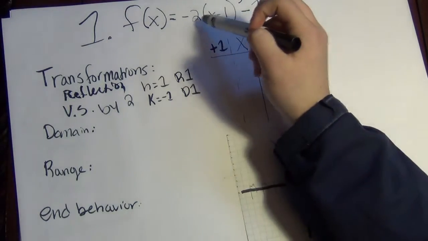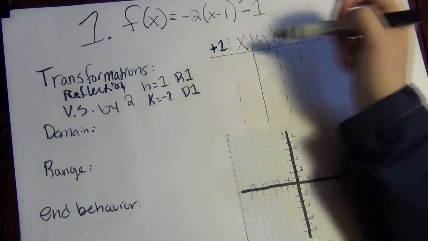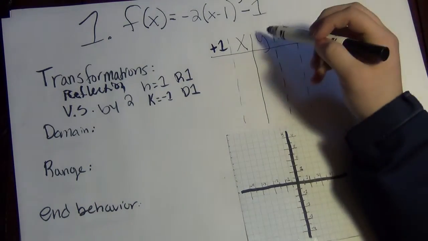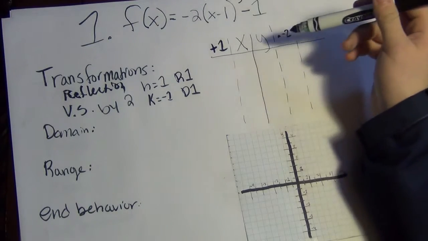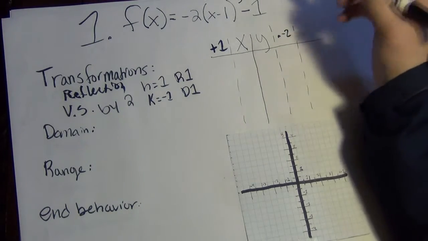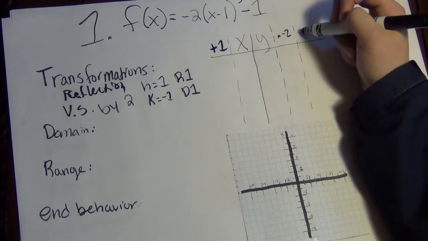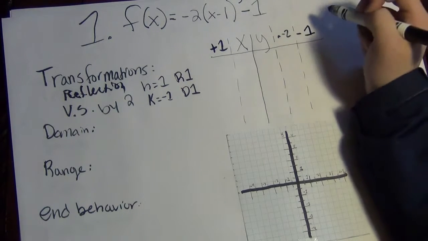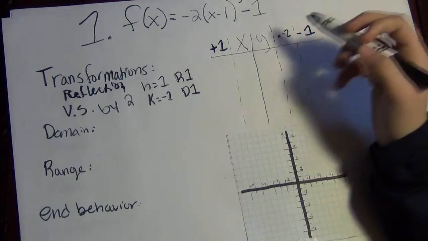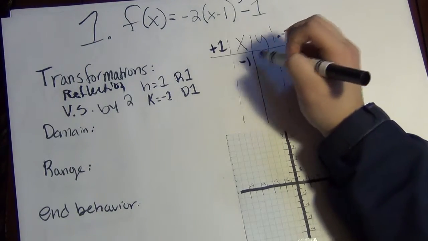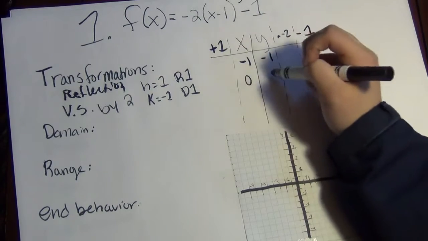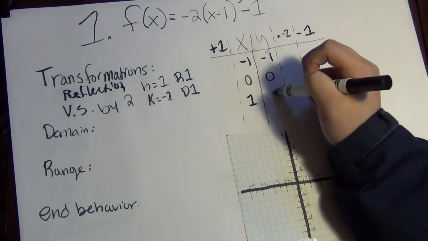Since this is outside of the parentheses, that means you have to multiply the y. If it was inside, then you would have to multiply the x. And then over here, all you're doing is subtracting 1. Also, the 3 points that you use for the parent function are -1, -1, 0, 0, and 1, 1.